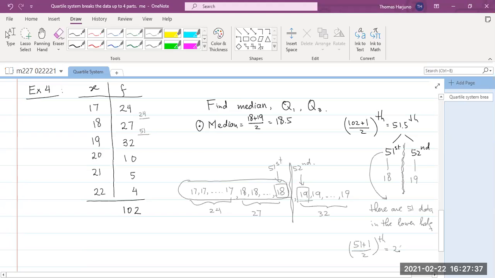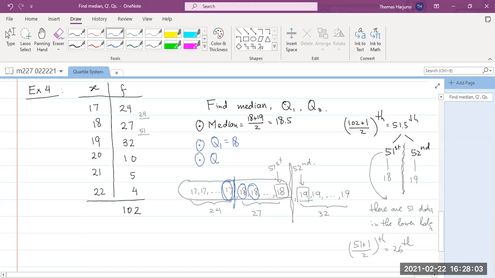I think this will be 26. Data number 26. Now the first 24 is 17. So the next two, 24 up to here, right? 24, 25, 26. So the first quartile will be the 26th data, which is 18.